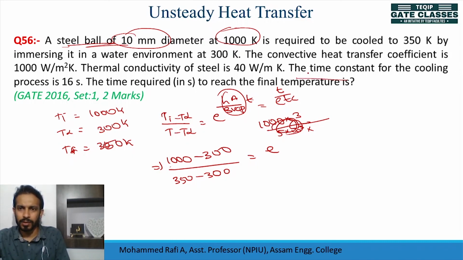The time constant for the cooling process is 16 seconds. So it is directly given as 16 seconds, and we need the time required to reach the final temperature. So I can write e to the power t by 16. Writing it out, 700 divided by 50 equals e to the power t by 16.